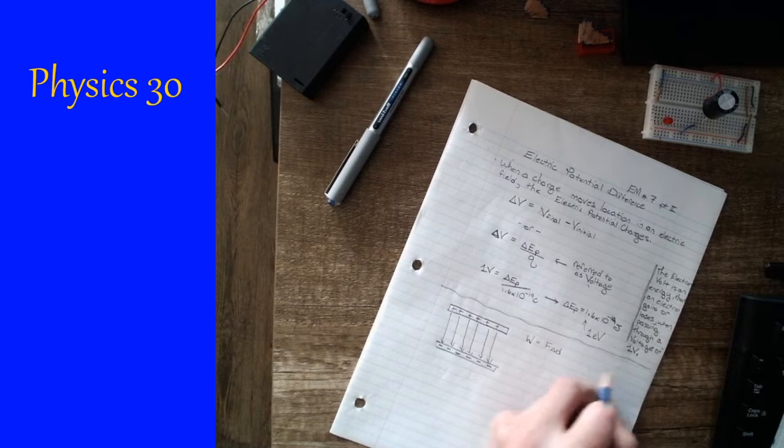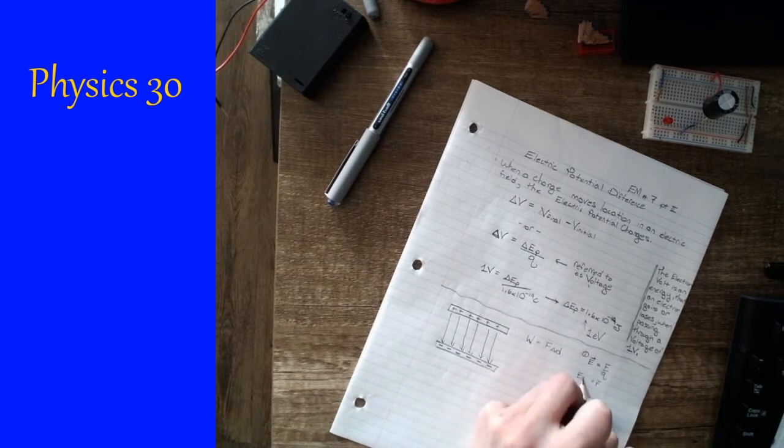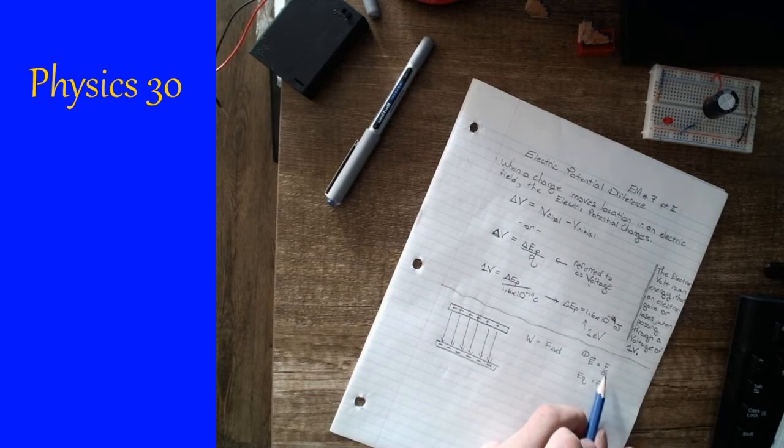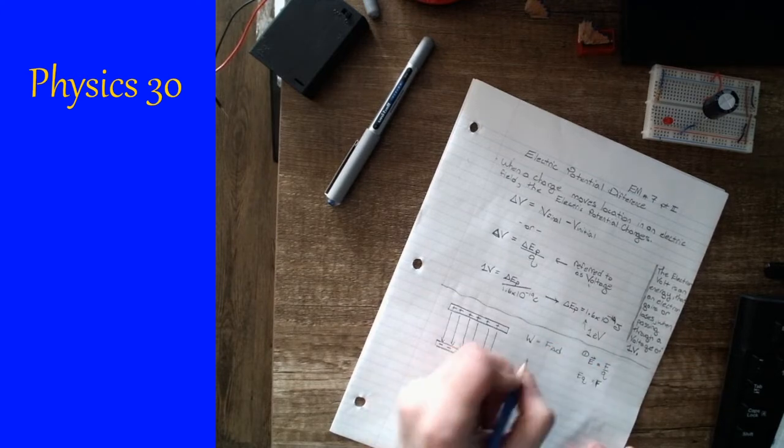However, we also want to look at the idea that you have the electric field, which is equal to the force divided by the charge. Therefore, force is equal to EQ. So that is our first substitution.